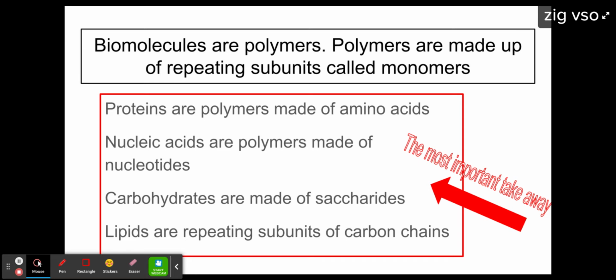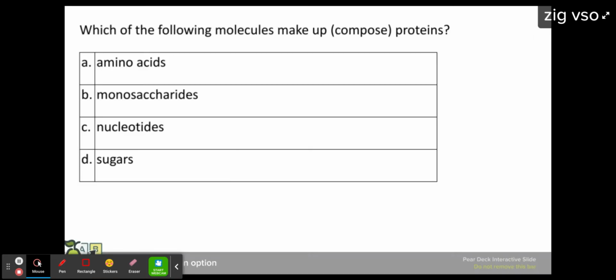So proteins are polymers that are made up of amino acids. Nucleic acids are made up of nucleotides. Carbohydrates are made of saccharides, and lipids are repeating subunits of carbon chains. They have a bunch of different forms, and we're going to go over them a little bit, but they're basically carbon chains that are put together.